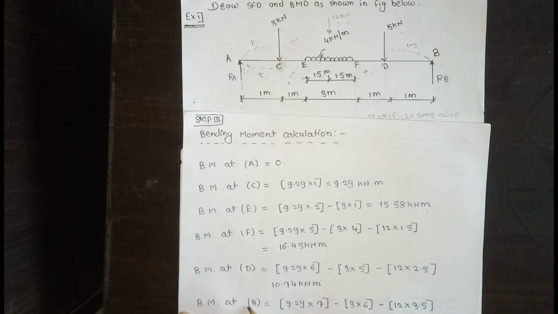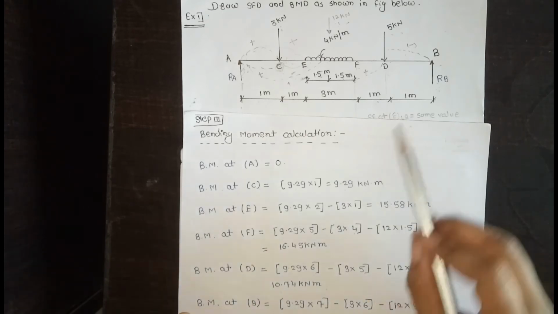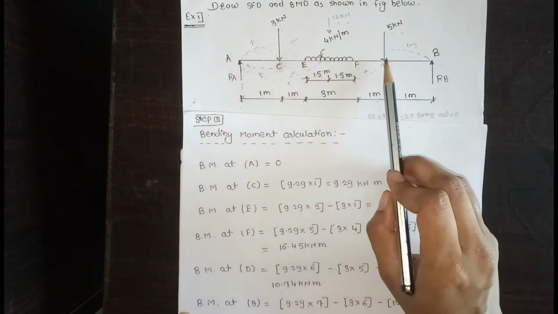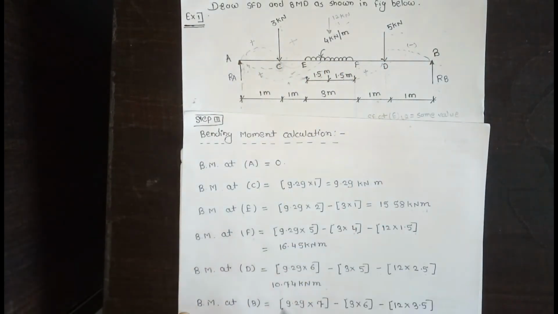Then the bending moment at point B is equal to, how many forces act in the left section? 1, 2, 3, 4. 4 forces are there.